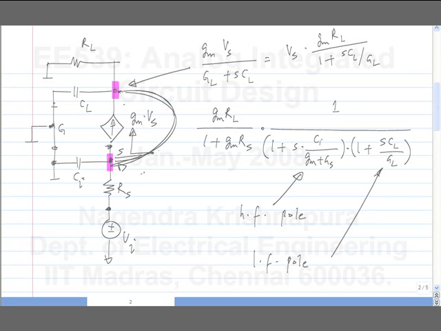So the reason it's not usually calculated is GDS can be reasonably assumed to be much lower than GM most of the time, right? In any reasonable amplifier design, even in a short channel technology, GM by GDS is of the order of 10 at least. But as the question was what happens with GDS, the answer is the looking in impedance here does increase if you have GDS. If you don't have GDS, it's just 1 by GM.